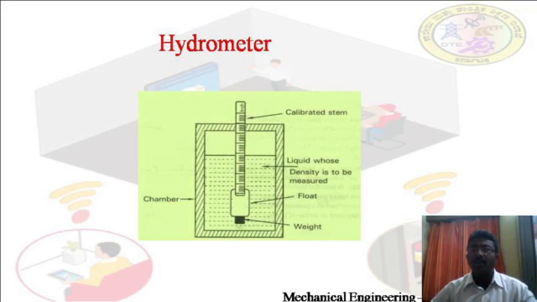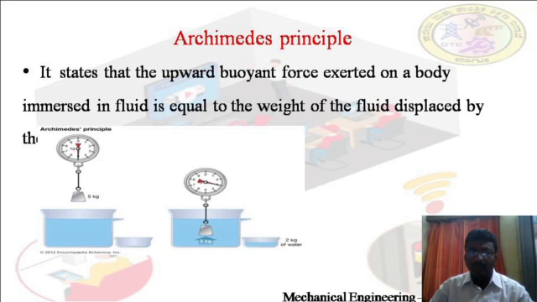The hydrometer makes use of Archimedes principle. So now let us see what the Archimedes principle is. Archimedes principle states that the upward buoyant force exerted on a body immersed in a fluid is equal to the weight of the fluid displaced by the body.